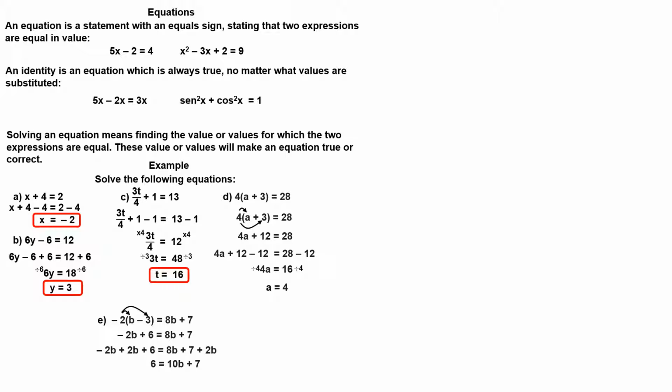So add 2 times b to both sides. Isolate the term 10 times b on the right-hand side by subtracting 7 from each side. Isolate b by dividing both sides by 10.